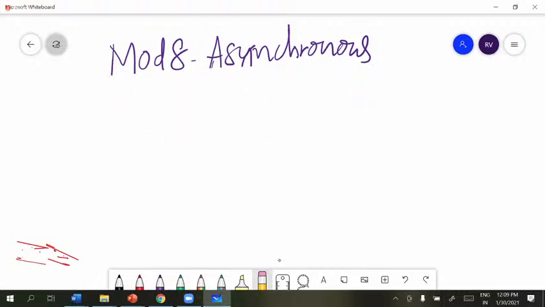Now I am designing this mod 8. Here, 3 JK flip-flops are required. Mod 8 means n is equal to 8, and here n is equal to 3, so 3 flip-flops are required.